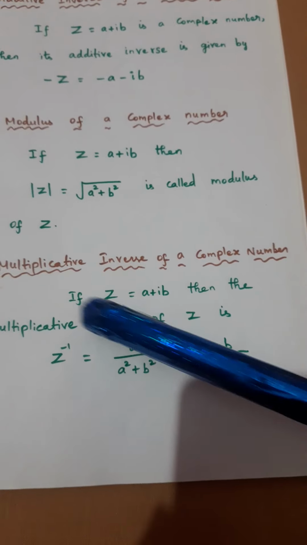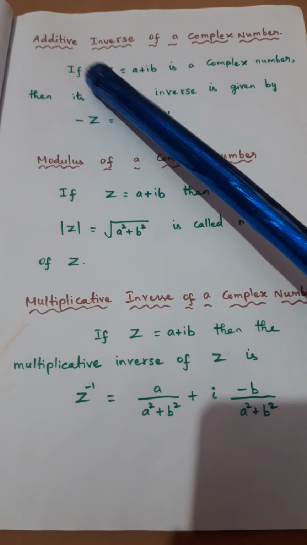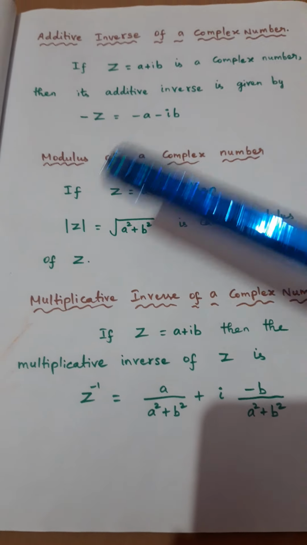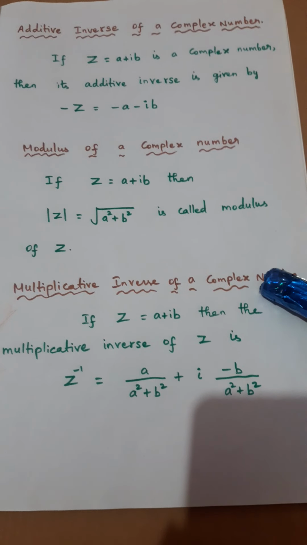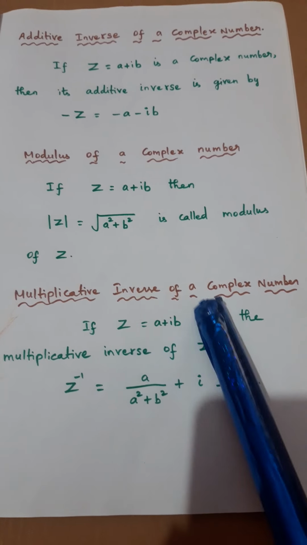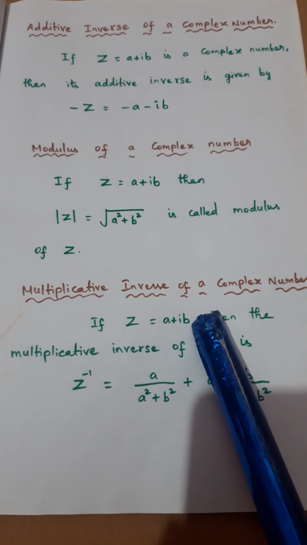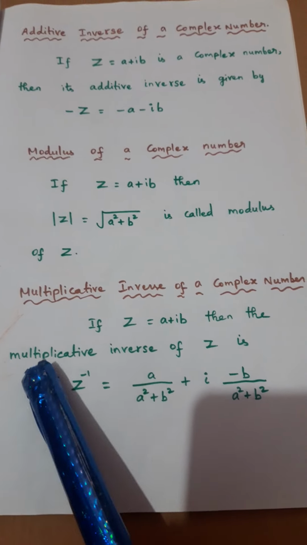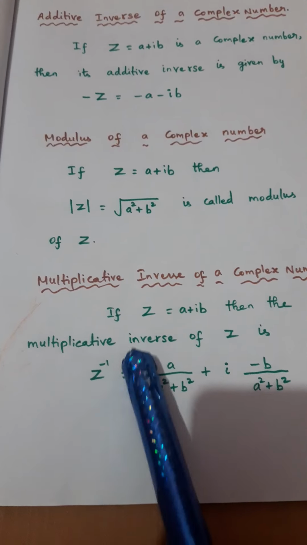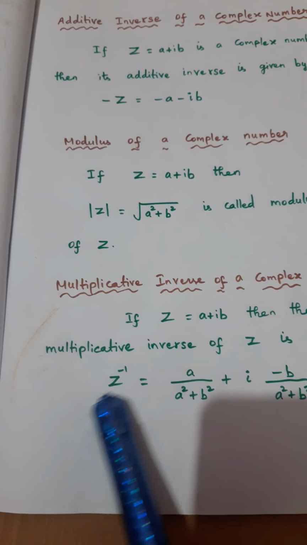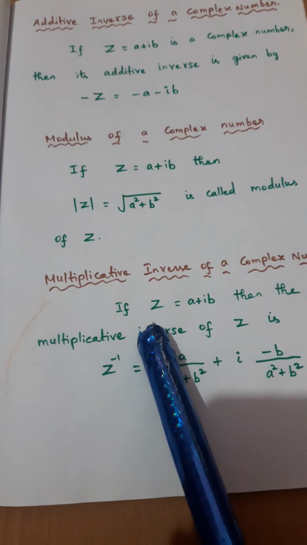Then the third concept that we are going to see is multiplicative inverse of a complex number. Already we have seen additive inverse of a complex number. Now we are going to see multiplicative inverse, and again, this is also given by a formula. If z is a complex number, which usually we take as a plus ib, then the multiplicative inverse of z is written with the symbol z inverse.